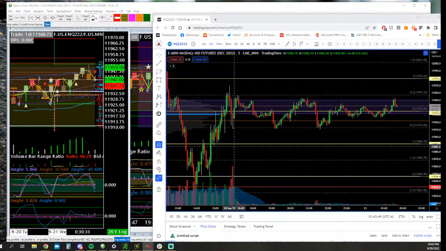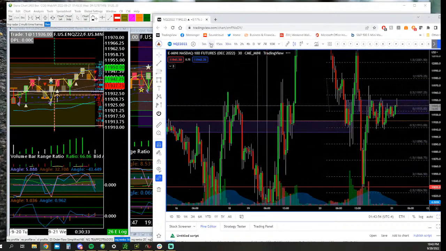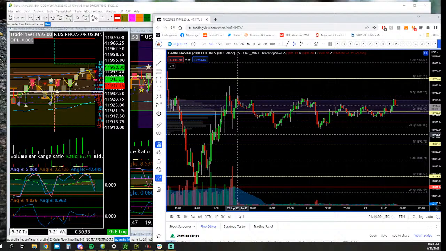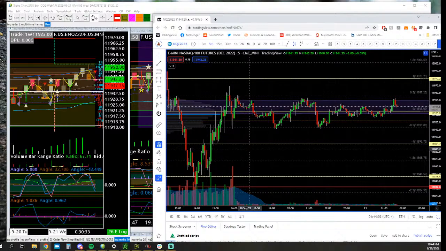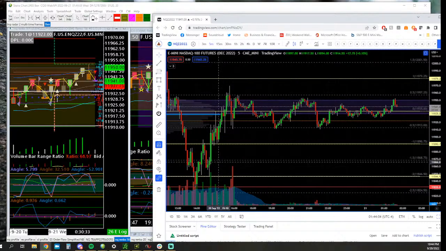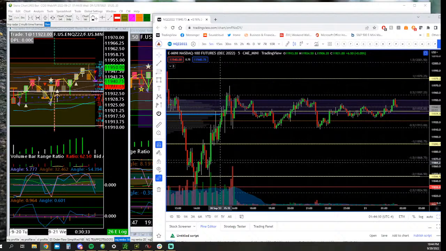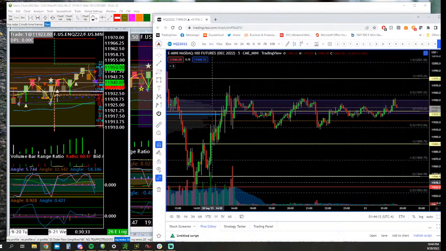I will generally not flip around from 5 to 15 to 30, because what I found would happen, and this can actually happen in the Renko chart too, really any chart, is that if you're looking at too many things one after the next, and you don't have an objective way to figure out where you're supposed to look when, you're going to keep looking until you find a setup that fits your fantasy of what the market's about to do.